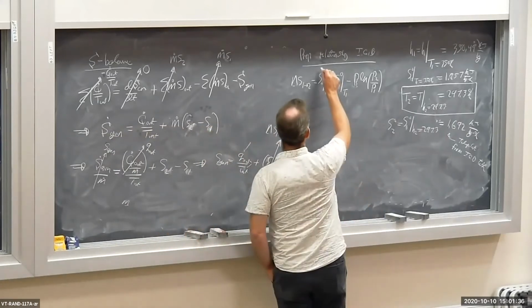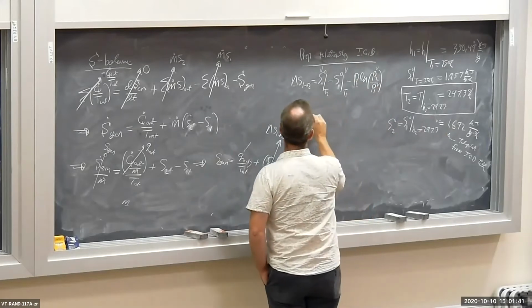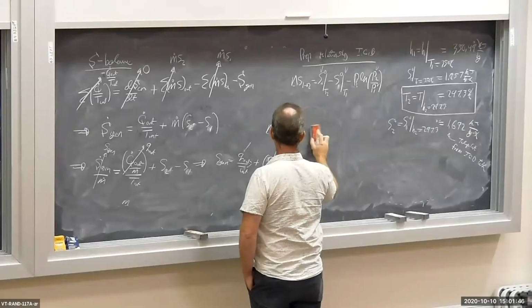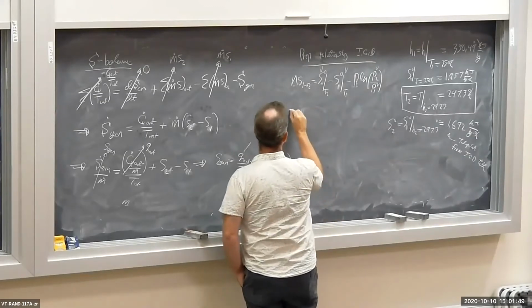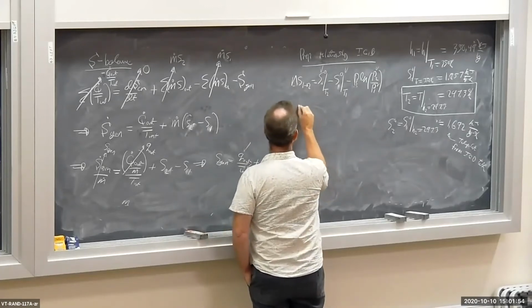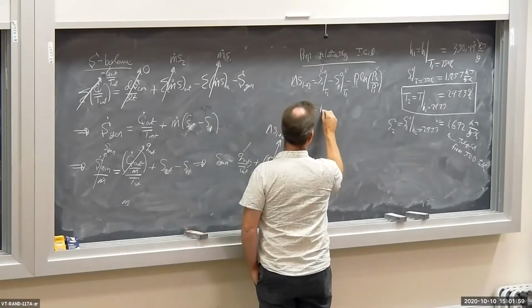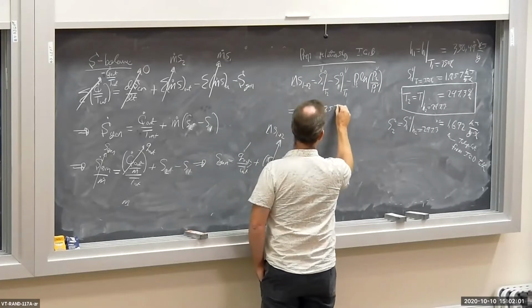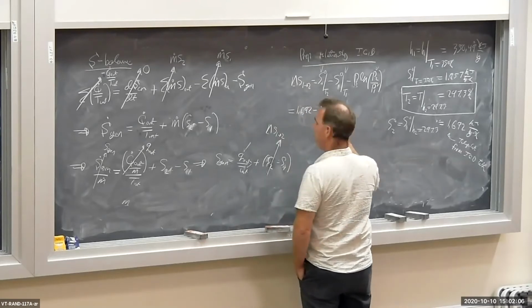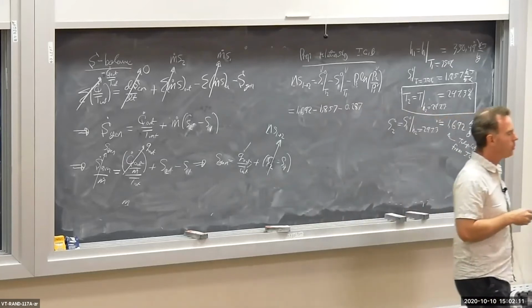Okay, so I've got these s0s. I also have the pressures at the inlet and the outlet. So I get 1.692 minus 1.857, and these all have units of kilojoules per kilogram degree Kelvin. And then R for air is 0.287 kilojoule per kilogram degree Kelvin.